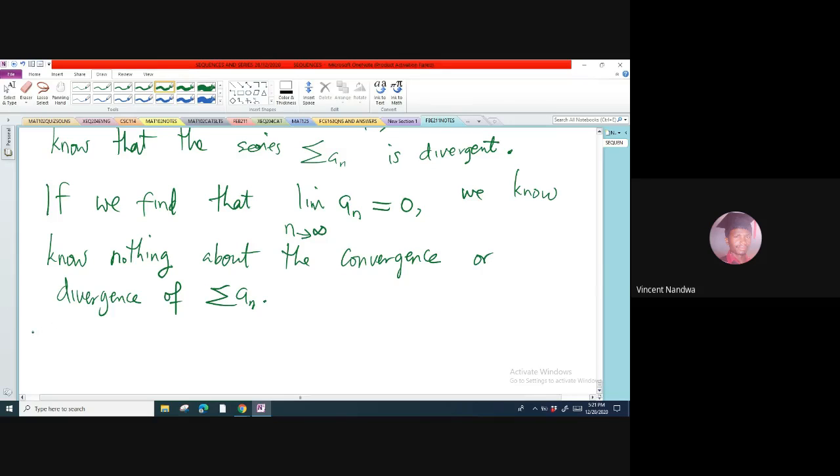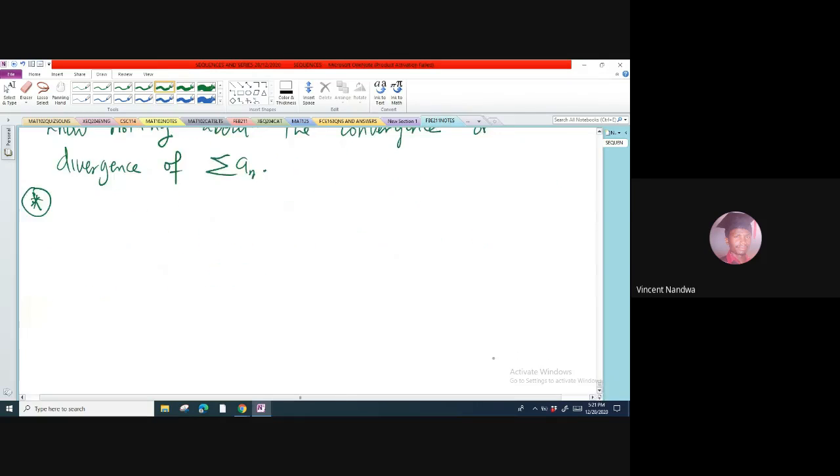So then also remember another point, if limit as n approaches infinity of an equals 0, we cannot conclude that the series converges.